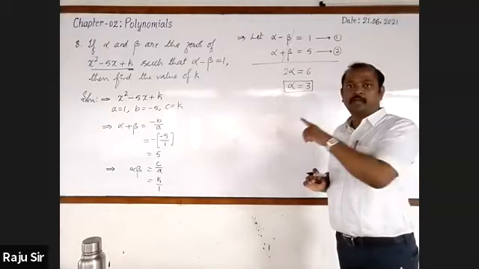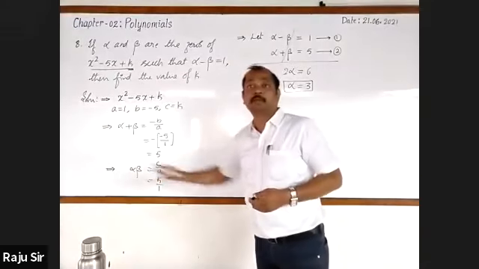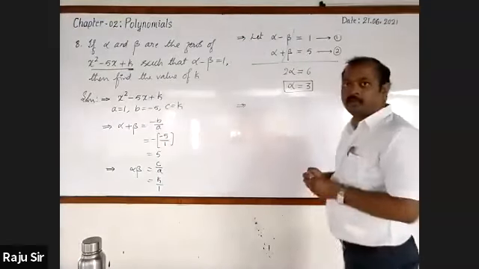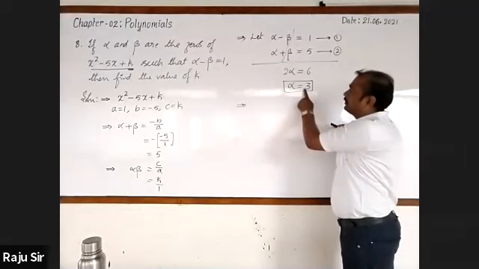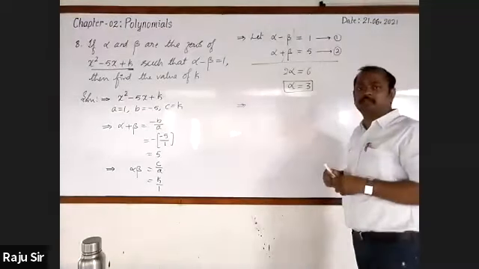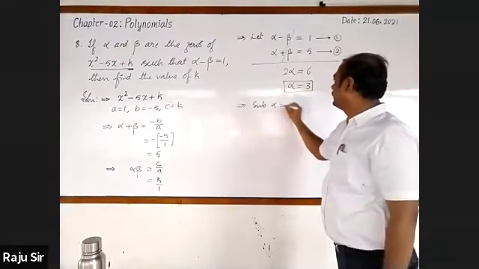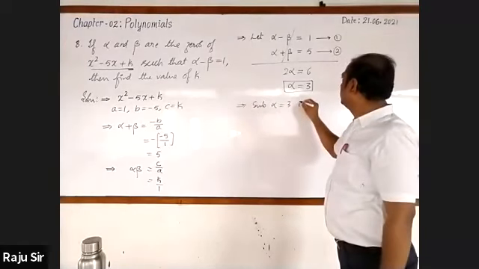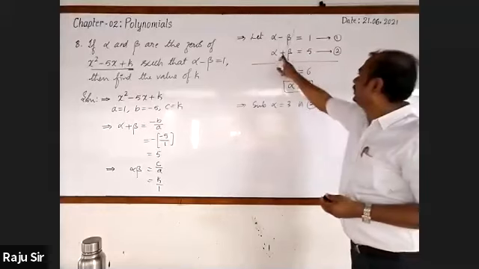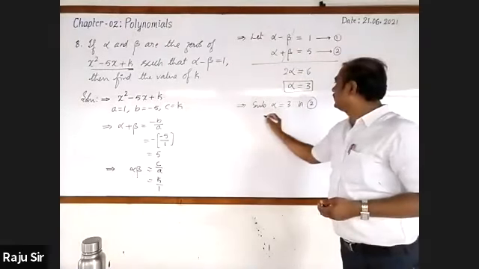So we got the value of alpha. To find the value of k, we also want beta. Let us find beta by substituting the value of alpha in any one of these two equations. Substitute alpha equal to 3 in equation 2. Alpha plus beta is 5, that is equation 2.